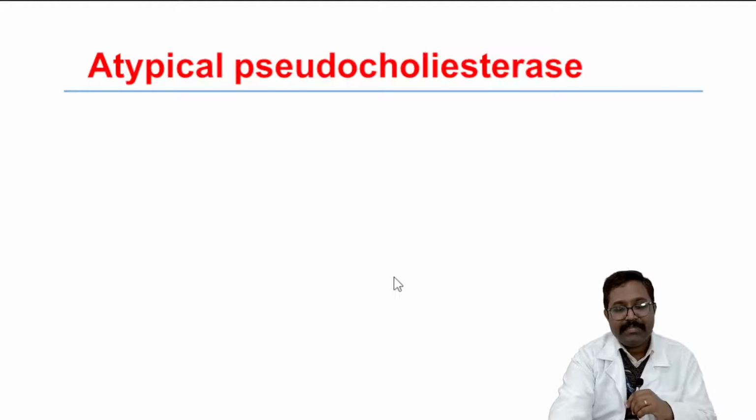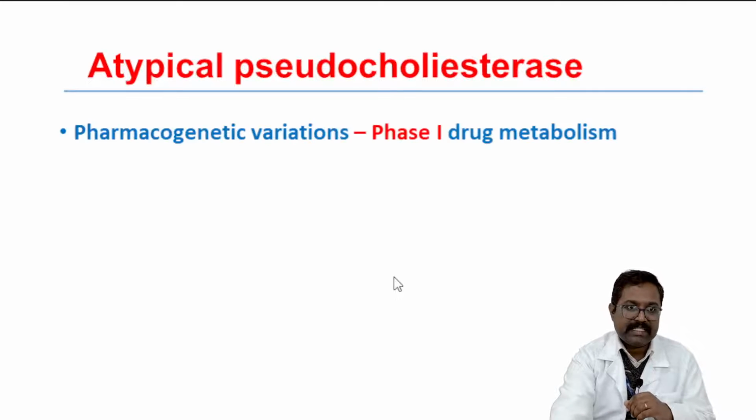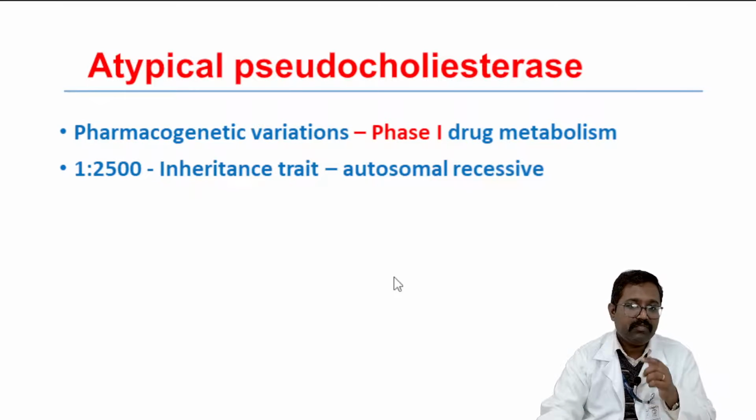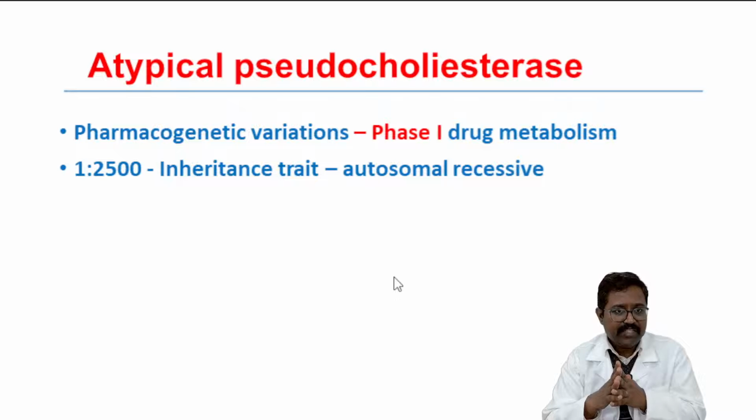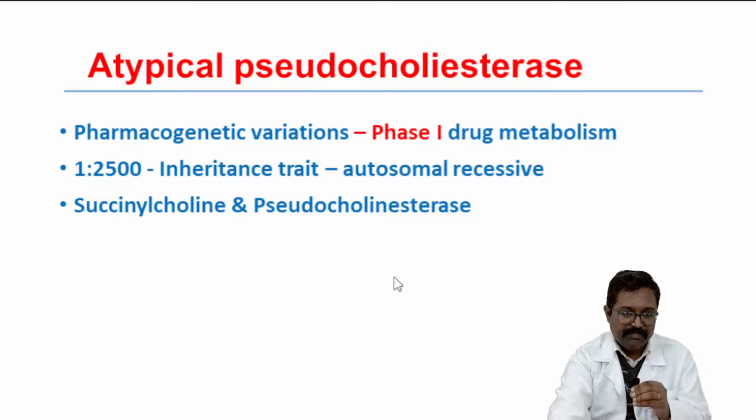Now coming to the atypical pseudocholinesterases. It belongs to phase 1 drug metabolism, where this condition is seen in 1 in 2500 individuals, and it is an inherited trait, an autosomal recessive condition.